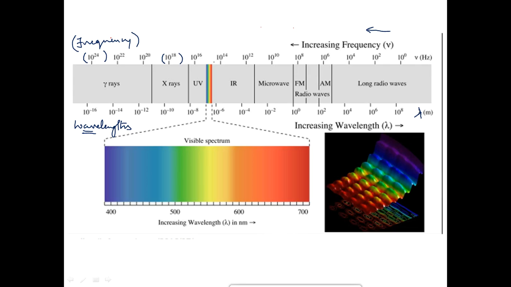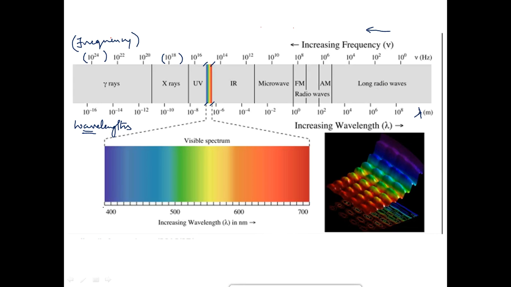Now just observe, what about the visible spectrum? You will be surprised to see that the range or bandwidth of the visible spectrum is extremely small, so it has been enlarged here. With respect to wavelengths, the lowest wavelengths are for gamma rays because their frequency is extremely high. Similarly, the longest wavelengths are the radio waves.